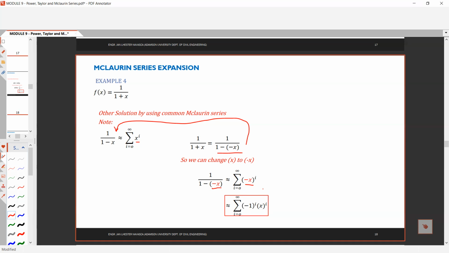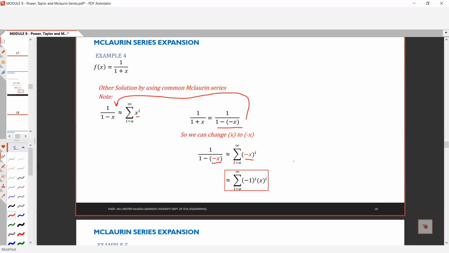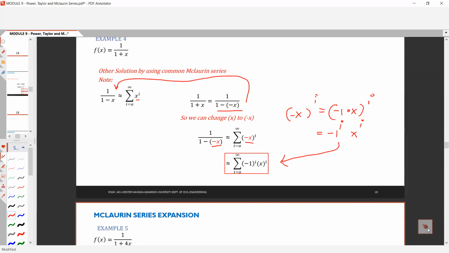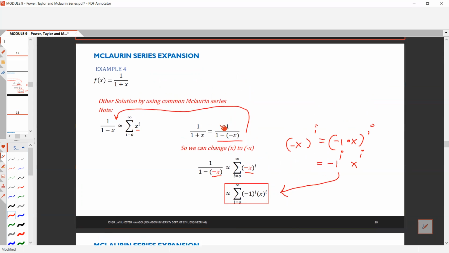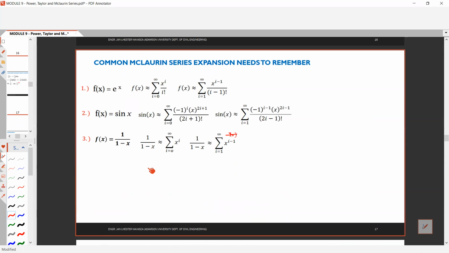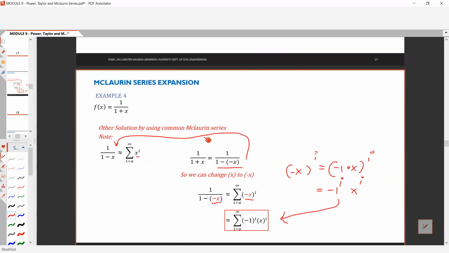You can expand the negative x raised to i as negative 1 times x raised to i, so negative 1 raised to i, x raised to i. So, this one is the Maclaurin series expansion of 1 over 1 plus x. Ganun lang. Kaya ko pinapamemorize sa inyo tong 3 common series expansion para magamit natin sa solution dito.